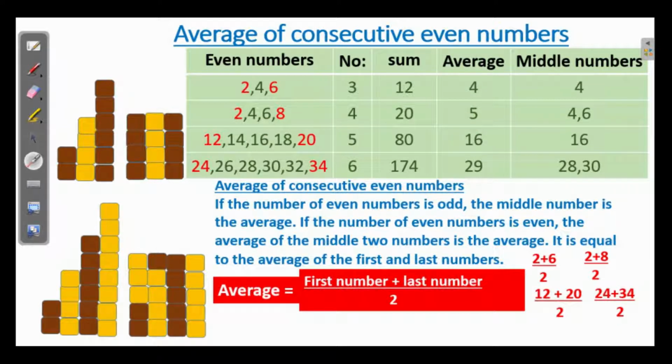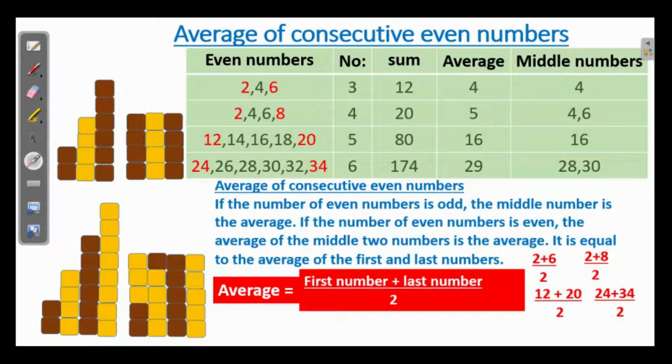And here there are 6 numbers. We can see that the average is 174 divided by 6, which is 29. That is the average of 28 and 30, the number in between 28 and 30.